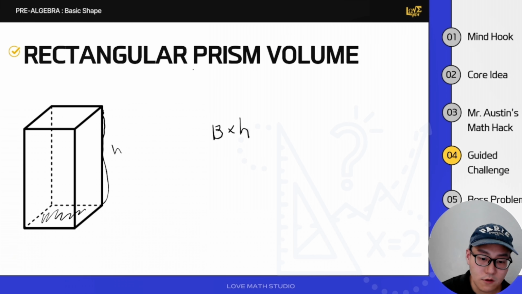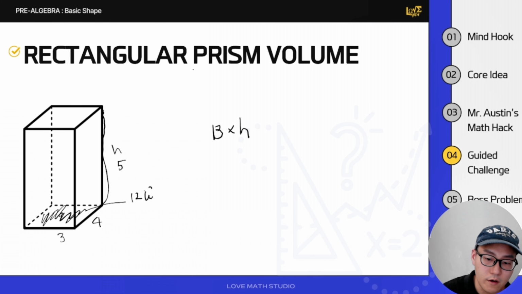So for example, if it's 3, 4, and 5, 4 times 3 gives you the base area, which is 12 unit square. Let's say 3 unit, 4 unit, 5 unit. So the base area is going to be 12 unit square. And then if you multiply by one more, the height, you're going to get 60 unit cubic.